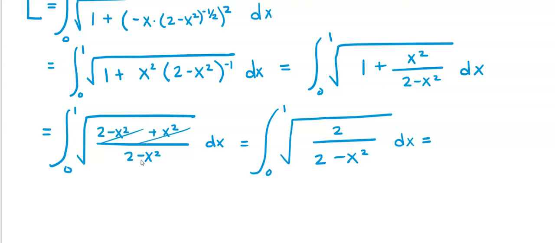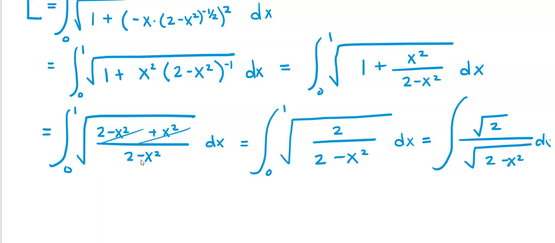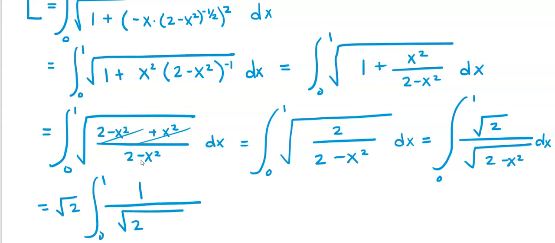So I'm going to take that 2 and kind of break it up. So the radical 2 over the radical of 2 minus x squared. And then I'm going to take that radical 2 in the numerator and actually put it in front because it is essentially a coefficient, right? So we're just going to put that in front, 0 to 1. And all we're doing here is just really manipulating things. We're just trying to get it into a form so that I can end up taking the antiderivative.